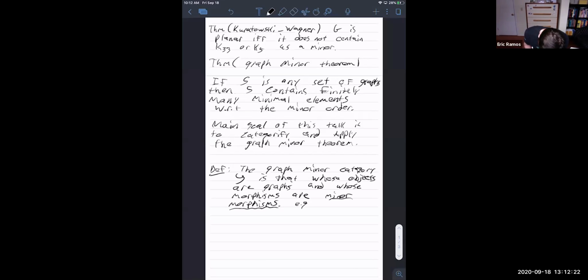The morphisms are in some formal sense built out of deletions, contractions, and automorphisms.